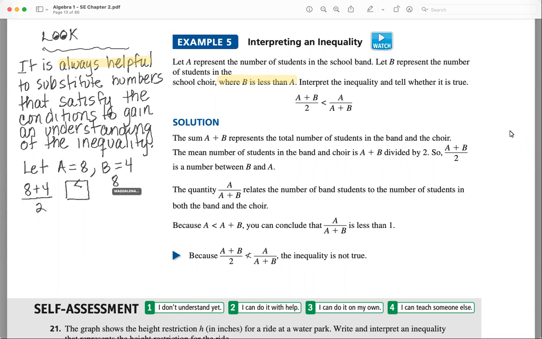Oops, let me see why that inequality came out like that. Let's remove the little box. Okay. Here we go. Now, so then we have 12 divided by 2 is 6, and 8 divided by 12.